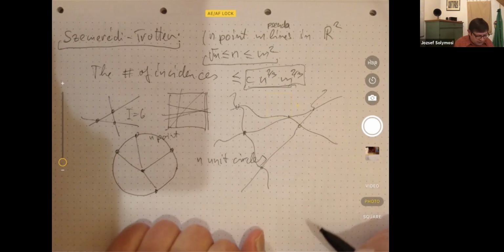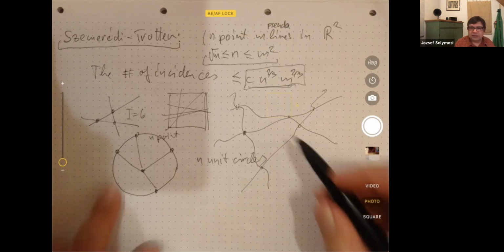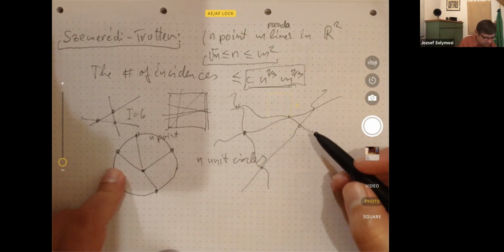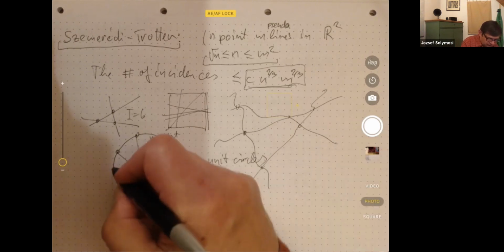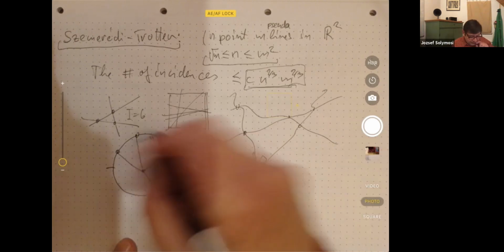And those will be our pseudo lines. Well, they are not quite satisfying that any 2 have not more than 1 intersection point, but we can cut them into 2 halves, the upper half and lower half.